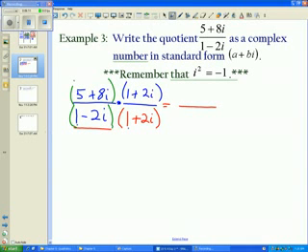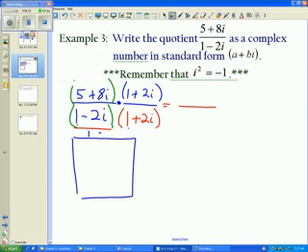Let's do this as a box method, just to remember the box method. So I'm going to go ahead and do 1 minus 2i, 1 plus 2i.